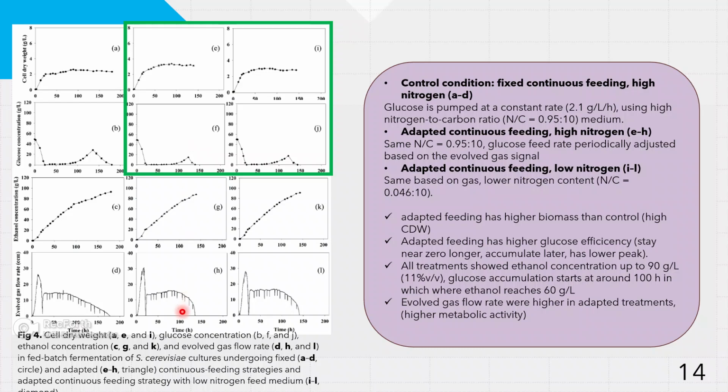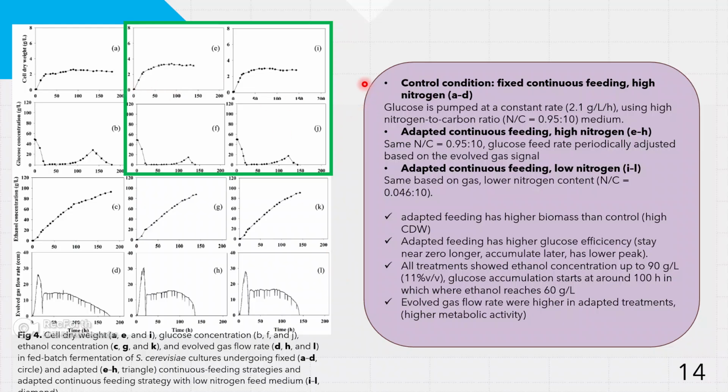And the third one is adapted continuous feeding with a low nitrogen content medium, from here to here. Adapted means that they add the glucose only when they monitor the gas signal.